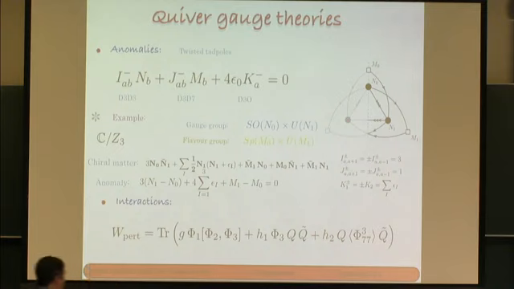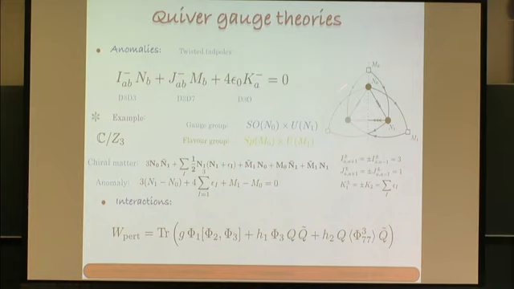You can also read the interactions. As I said, the interactions follow directly from the interactions in flat space. For example, this is the standard prepotential of N=4 gauge theory. The only thing that you should say is that this Phi 1, Phi 2, Phi 3 now are off-diagonal matrices. You take the expression from N=4 and replace the chiral multiplets by a matrix that contains only the components n0 n1, n1 n2, and n2 n0. This is the same for the Q, which are coming from the D3-D7 strings.